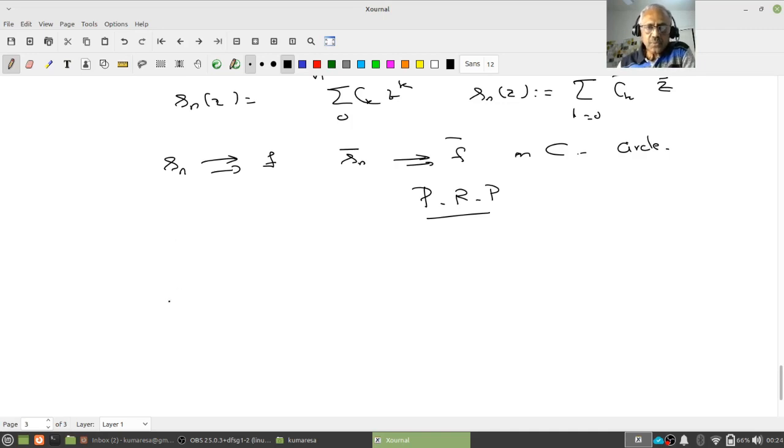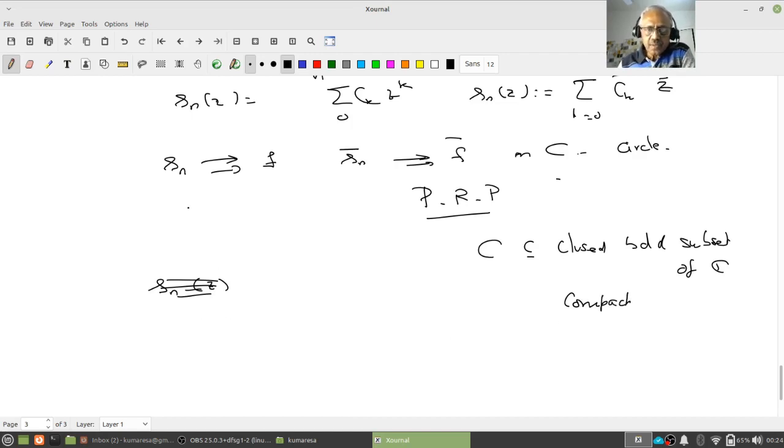Now I want to know what is Sn. So now notice the next thing I want you to notice is that this converges on C. What do I know about C? C is a closed and bounded subset of complex numbers, therefore it's compact.